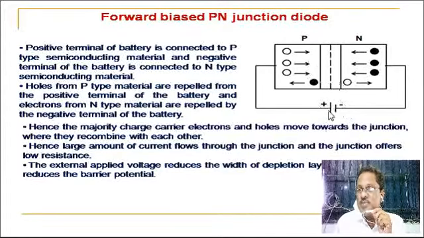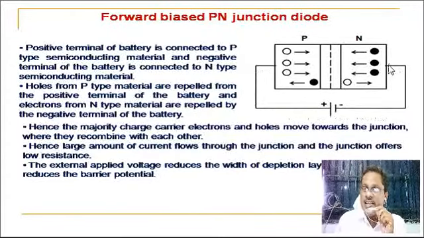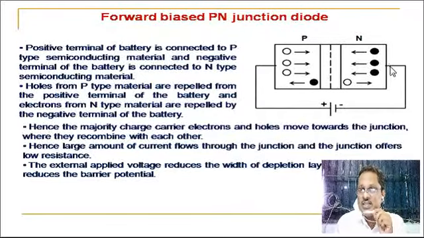When the positive terminal of the battery is connected to the P-type semiconducting material and the negative terminal is connected to the N-type semiconductor, the junction is said to be forward biased. That means the P-type semiconductor is connected to the positive terminal and the N-type semiconductor is connected to the negative terminal of the battery.